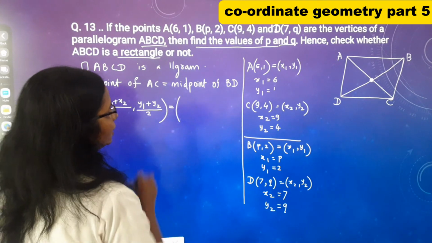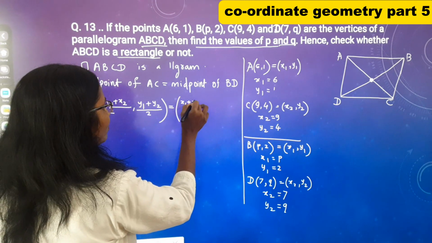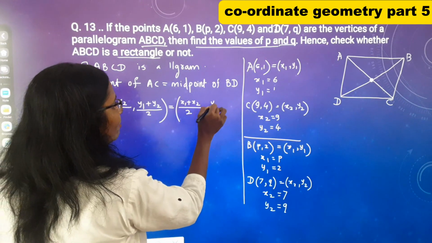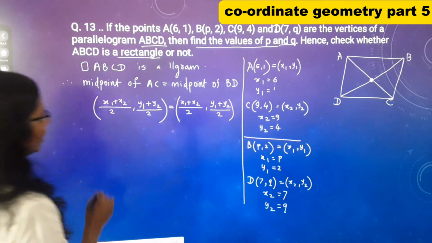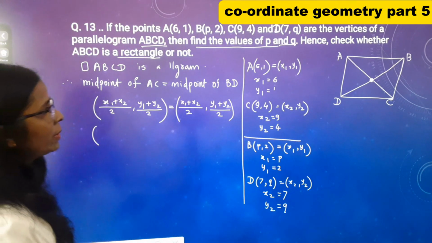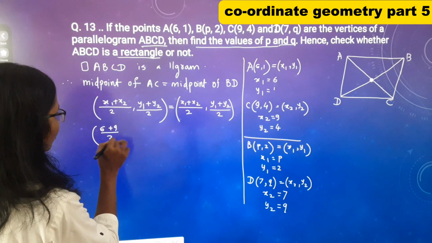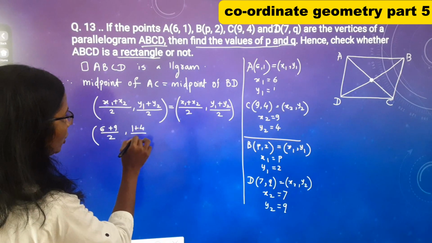So now, also the same formula, x1 plus x2 upon 2 and y1 plus y2 upon 2. Now x1 plus x2, that means 6 plus 9 upon 2, and y1 plus y2, 1 plus 4 upon 2.